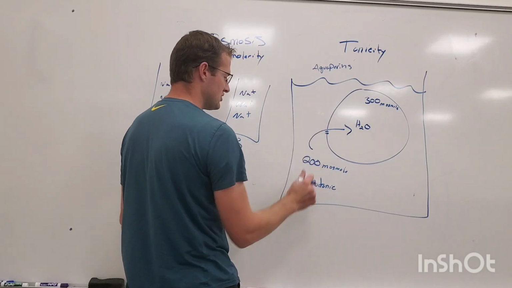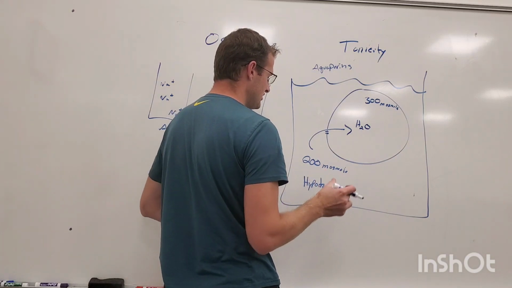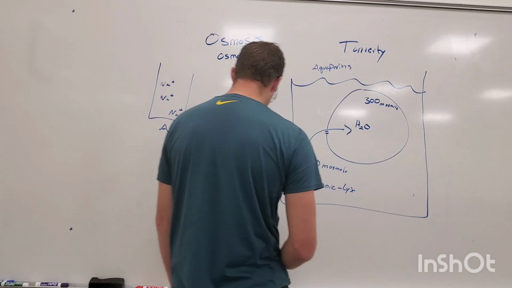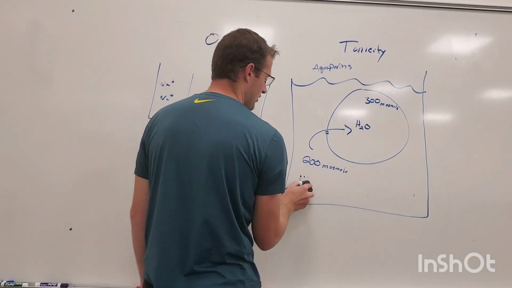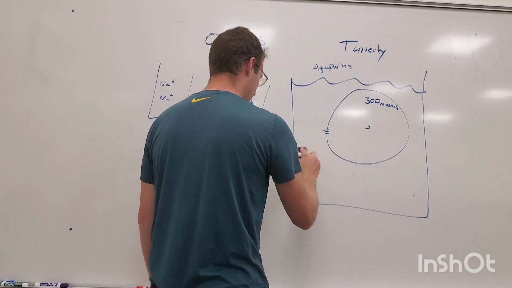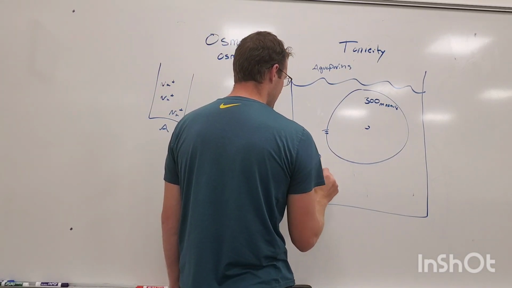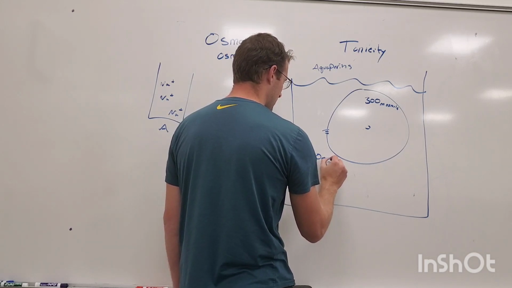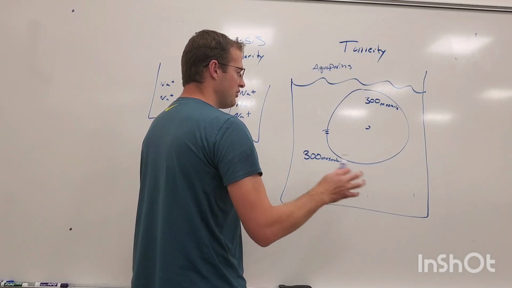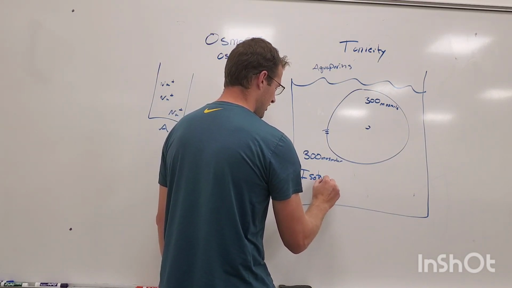A hypotonic solution will cause the cell to swell, and if it's enough difference, it will cause the cell to lyse. If we place our cell into a 300 milliosmolar solution, there will be no water movement, and we can term this isotonic.